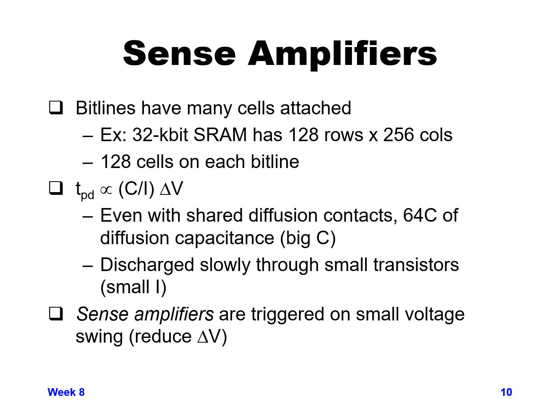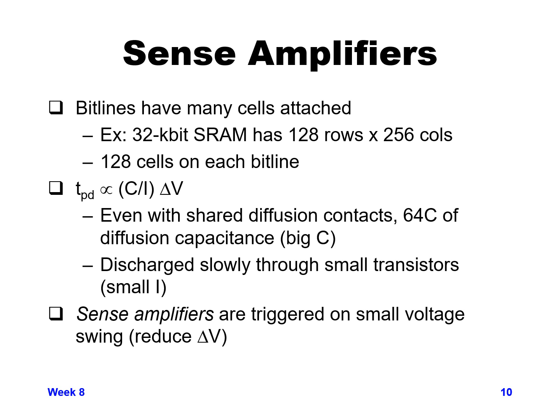Now, the next thing that you typically need for each column is what's called a sense amplifier. In most modern IC designs, bit lines have many cells attached. You typically do not have a 4-entry or 8-entry array.